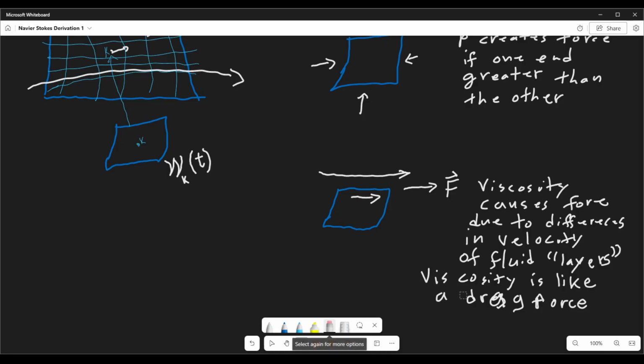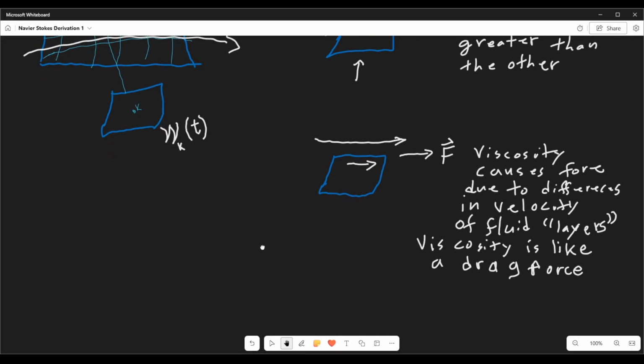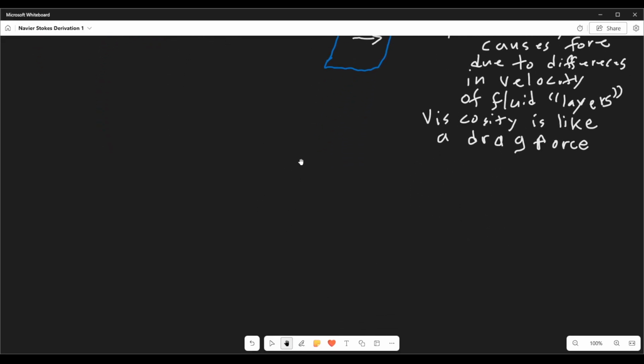I'm going to go back and erase that because that is a mess. So that goes down to viscosity, and then there's one more force. And this is actually extremely simple. The last force to look at is just the net force that's not position dependent.